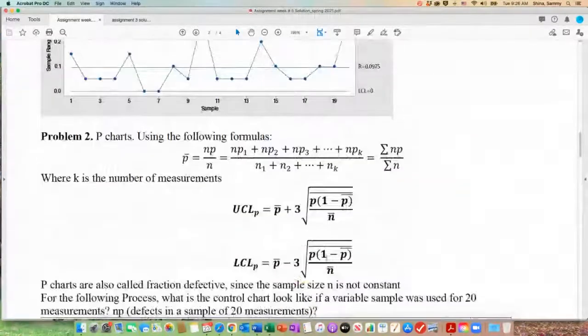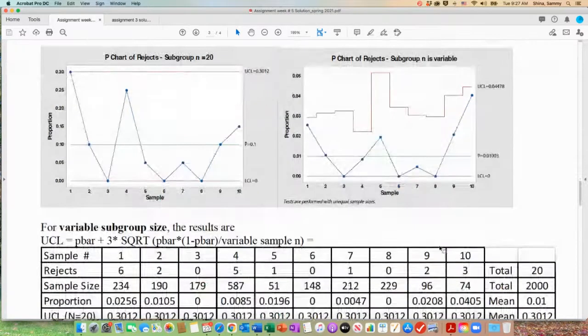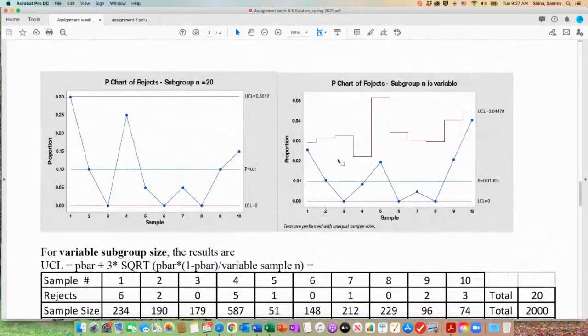Then next we're going to do the P chart, and there's two kinds of P charts. One where the P chart is kind of a percentage, and one where the sample taken is variable, so the sample changes. When the sample is variable, the control limits are variable, and I showed you how to calculate that.